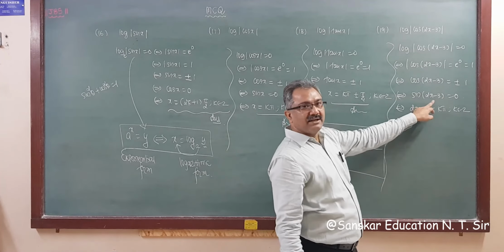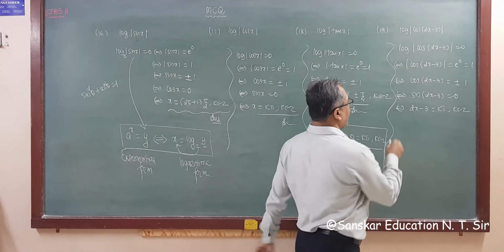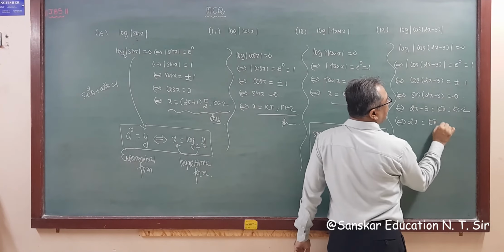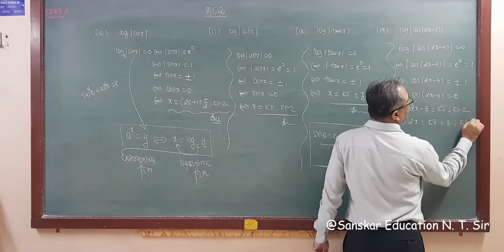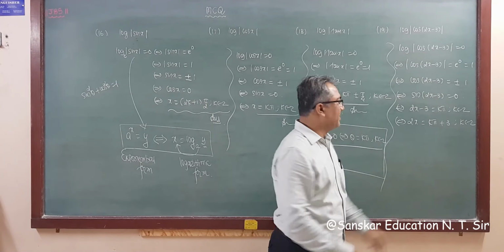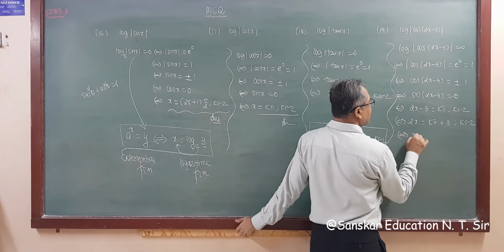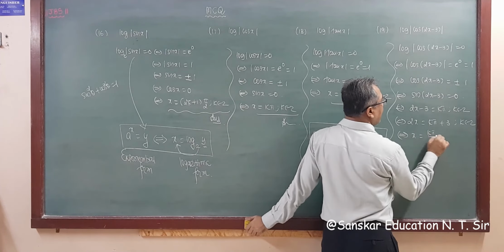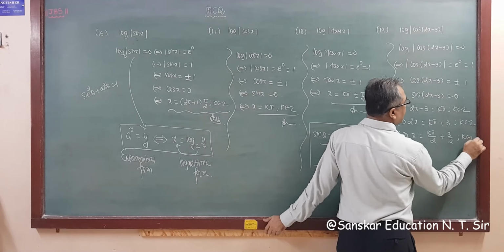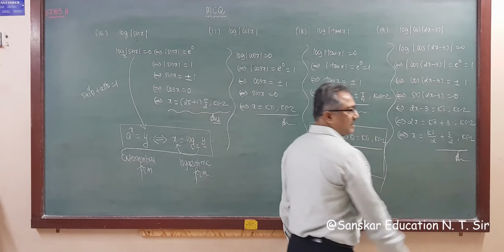So theta, that is twice x minus 3, is equal to k pi. So this implies twice x is equal to k pi plus 3, k belongs to Z. So what is x? K pi by 2 plus 3 by 2. So x is equal to k pi by 2 plus 3 by 2, k belongs to Z. So this is your answer.